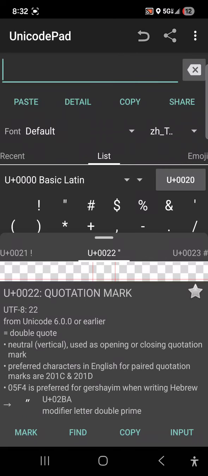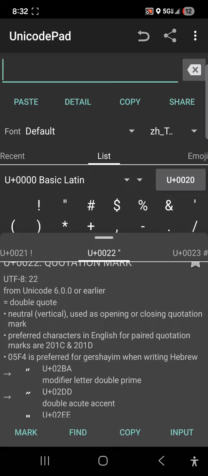It's a neutral vertical used as an opening or closing quotation mark, but there's preferred Unicodes in English for paired quotation marks. If you want to know their codes, they are 201C and 201D, and 05F4, which is preferred for writing Hebrew.